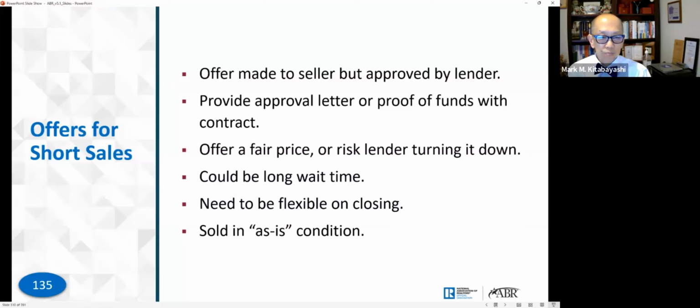Short sell is a very unique situation where the seller wants to sell the property, but they owe more money than what the house is worth. This happened in a very down market, and the bank is willing to take less, which might not cover paying off their loan, because they don't want to go through foreclosure.